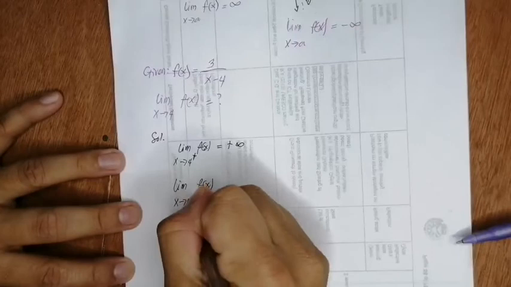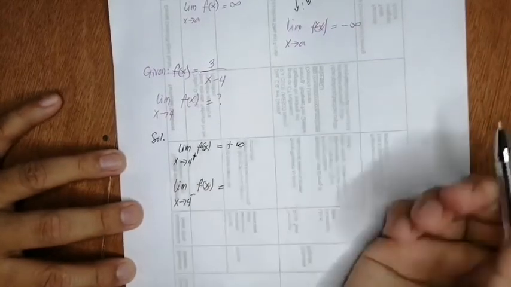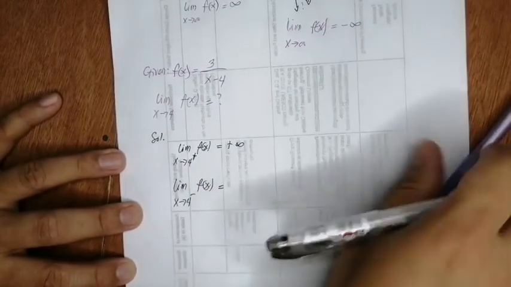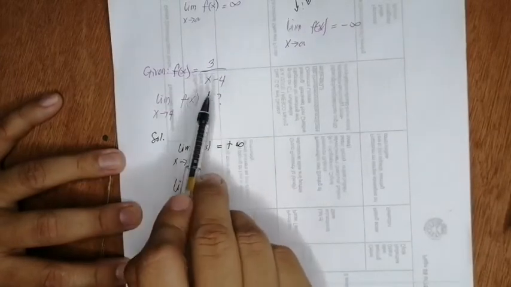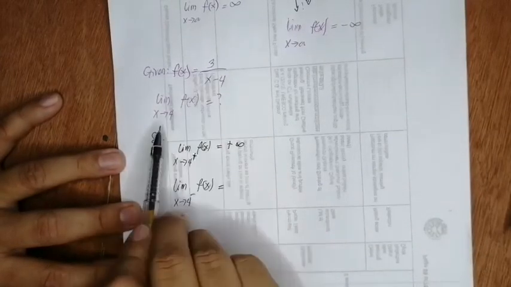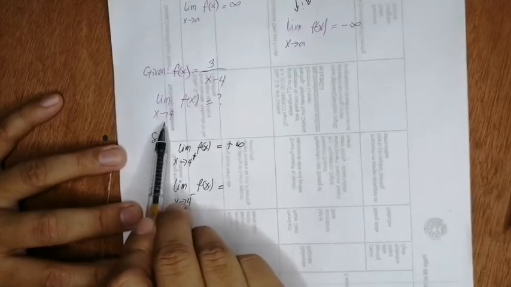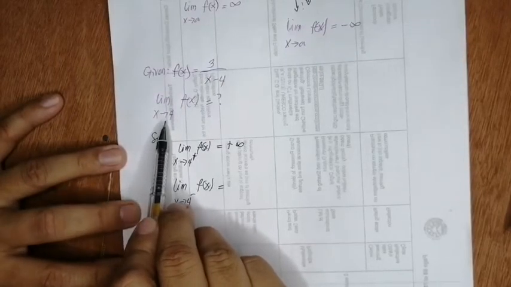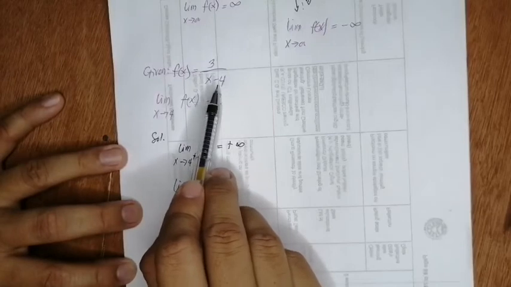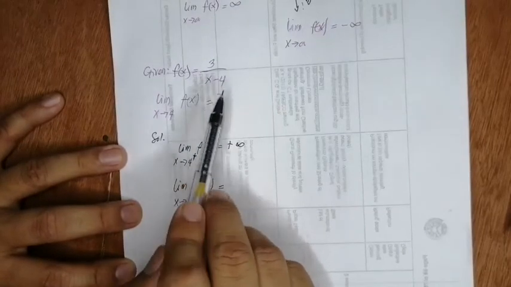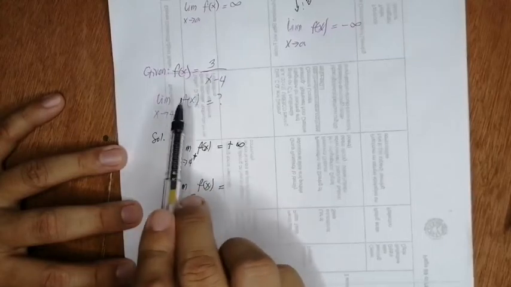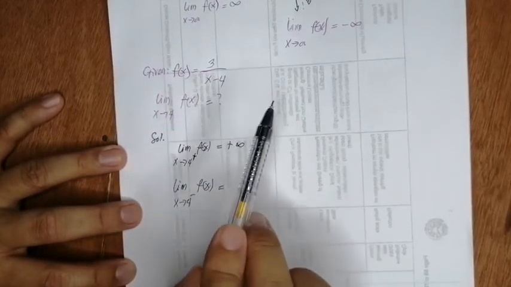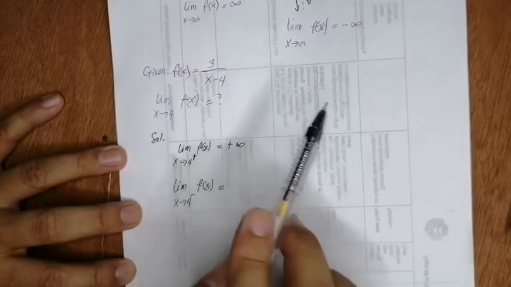Now, how about for the limit of f of x as x approaches 4 from left? So, pag from left naman, let's see kung anong magiging behavior ng function niya. Kapag from left, so ano ba yung sa left ng 4? Ang pinakamalapit ay 3.99. Yan. So, 3.99 minus 4 is negative 0.01. Lalo na pala kung mas lalapitan ko pa, let's say, gagamitin ko 3.999, 3.9999.